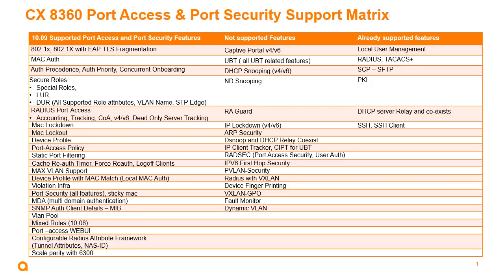So auth precedence and auth priority both come into play. Because of auth precedence, as you know, the highest authentication mechanism available today is .1x, and then it falls back to MAC auth. The same thing happens on 8360 as on the other platforms.